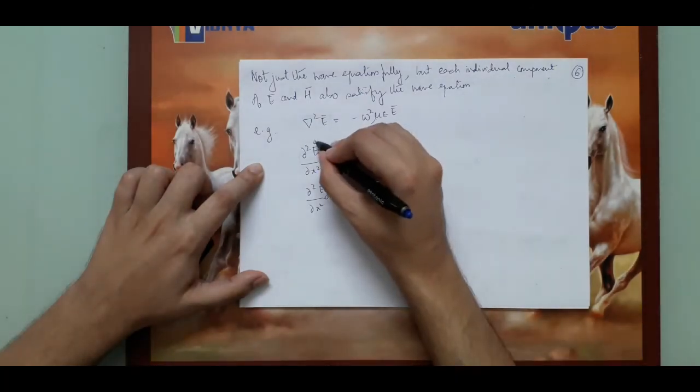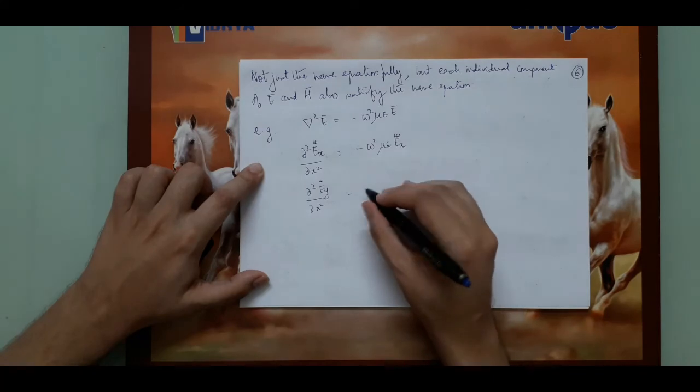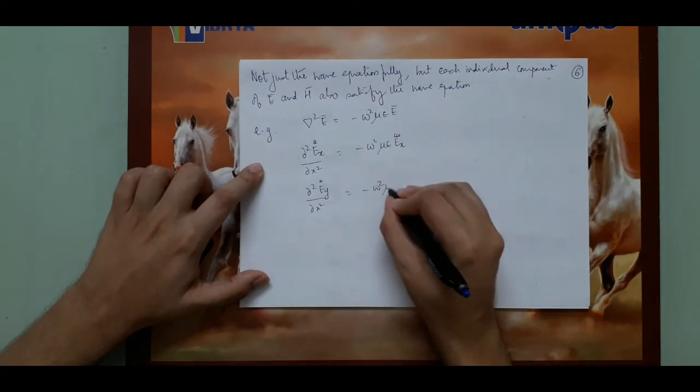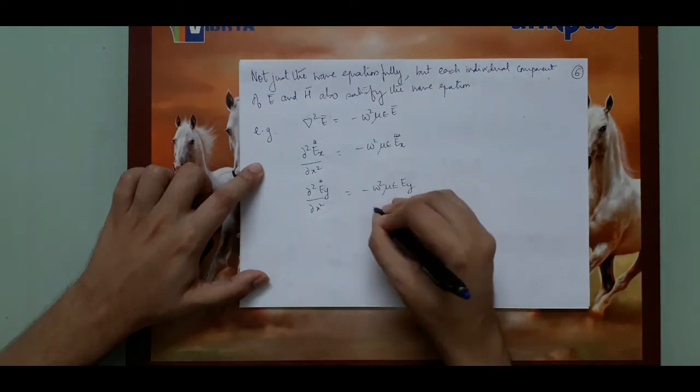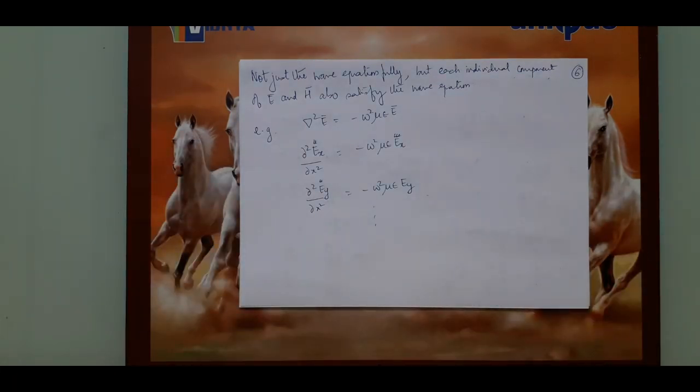In this case there is no need to write the vector notation because we are talking about the individual components, and so on. We can do the same for Ez and the H components.